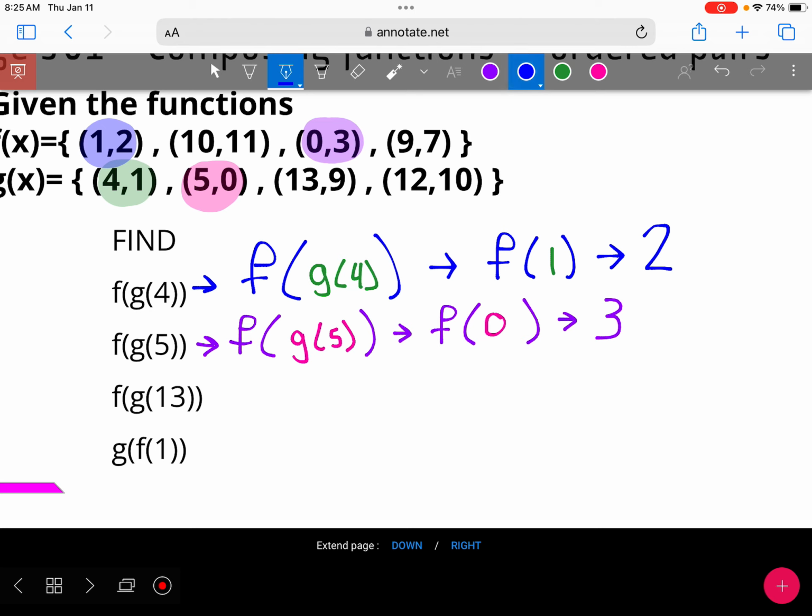I'll do it this time without doing the highlighter path. So our next one is f of g of 13. What is g of 13? 9. So then we have f of 9.